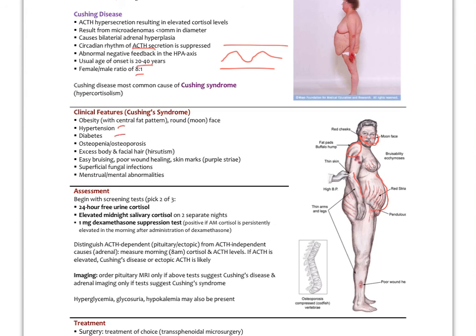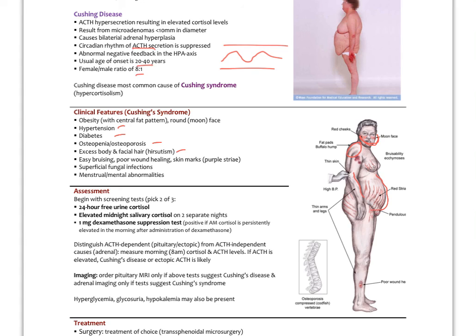Hypertension, diabetes, osteopenia, osteoporosis, excess androgens, and that would be from usually elevated DHEA. Remember, ACTH causes release of both cortisol and DHEA. That DHEA can be converted into androstenedione, which is an androgen, and that can be converted into testosterone. And in females, that's going to lead to excess body, but also facial hair, hirsutism, like a mustache.